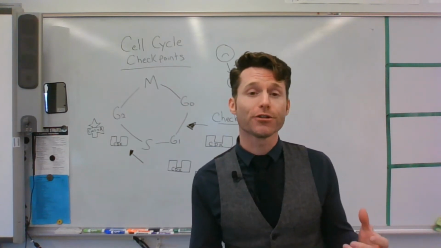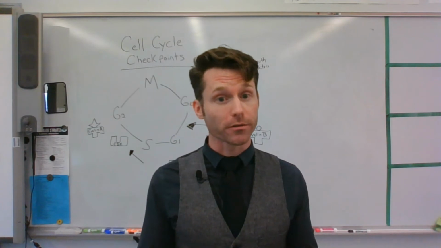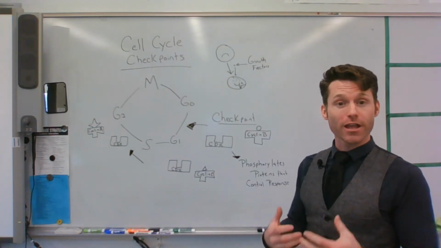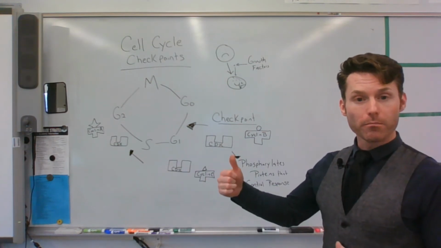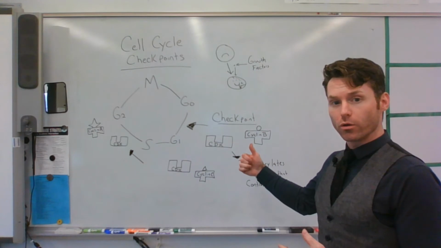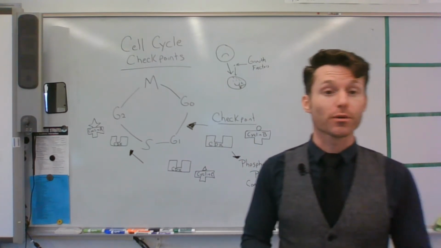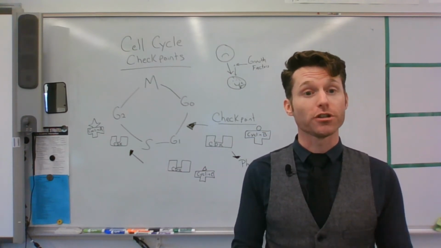Certain conditions must be met in order for the mechanisms to be triggered. And in this case, the primary condition that must be met is that the cell must have this molecule cyclin B. Okay? So cyclin B must be present in order to move from G0 to G1.